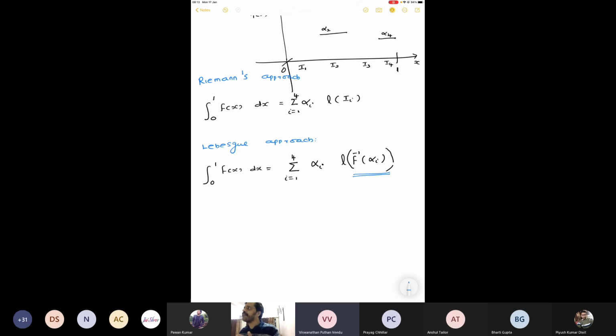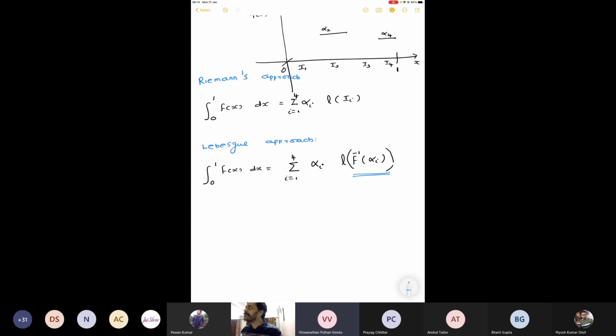So this example should remind you not only of the basic difference between Riemann and Lebesgue integration, but also of the fact that Riemann integration divides the domain into intervals, and for intervals you already know a measure, namely the length.